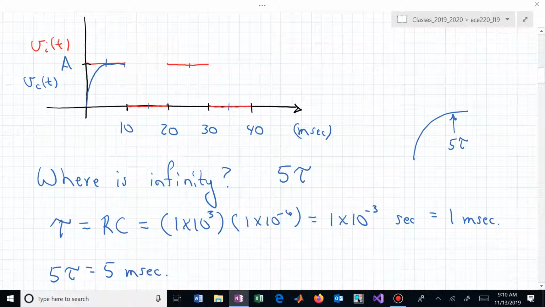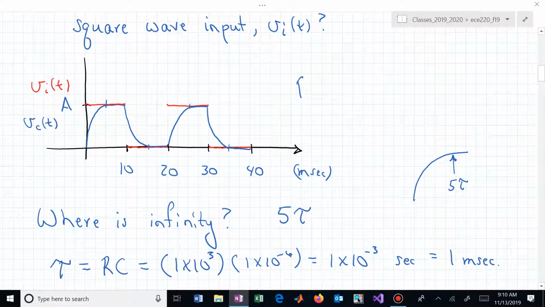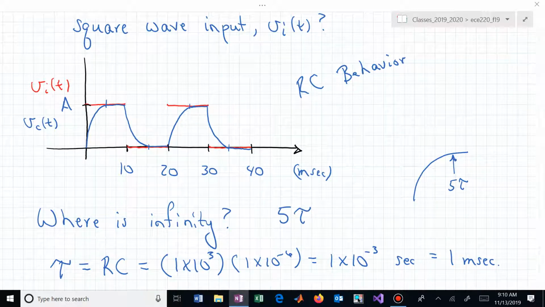Now we have to see a new input, another new input, and we have some shape that has this RC behavior, this RC time constant shape to it. Depending on the values of R and C, you either get to A quick or not so quick.